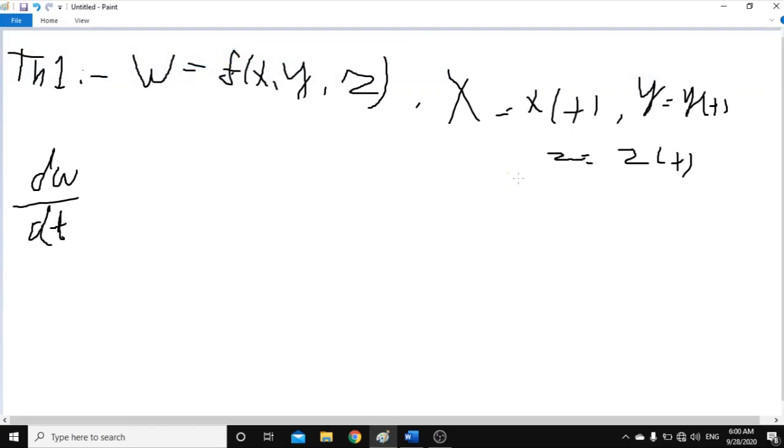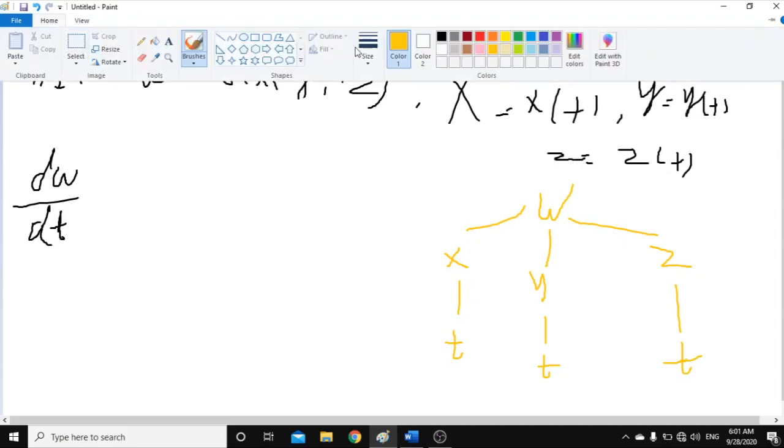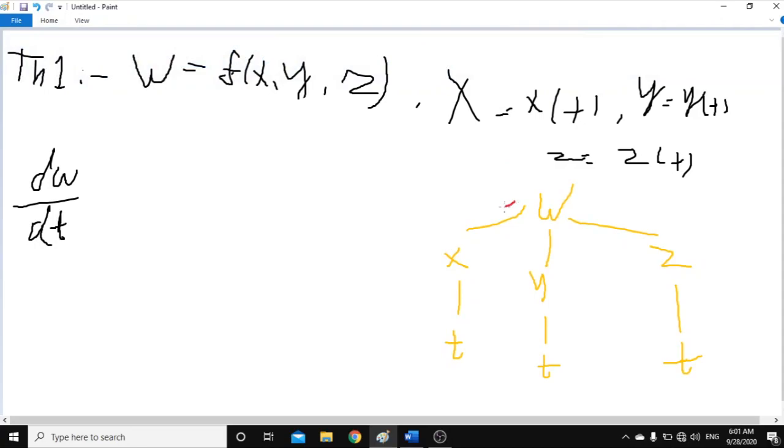So let's start. Here we have w, and w consists of three variables, x and y and z. And the x here consists of one variable, which is the t, and y also has only one variable, and z is the same, as you see here. Then the w can go to the x, and also to the y, and also to the z.